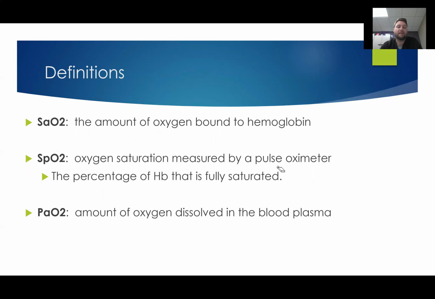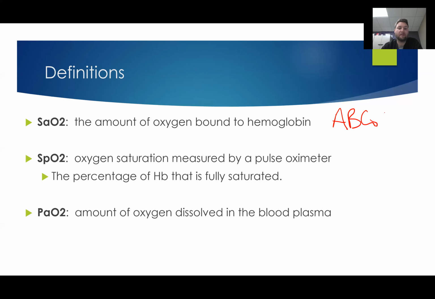So here are just some definitions of the different types of saturations and oxygen measurements. The first one is the SaO2. This is the amount of oxygen bound to hemoglobin. This one can only be gotten from an ABG. So you have to draw an ABG to get your SaO2. It is a blood draw measurement of the amount of oxygen bound to your hemoglobin.